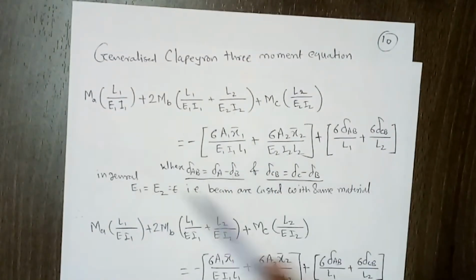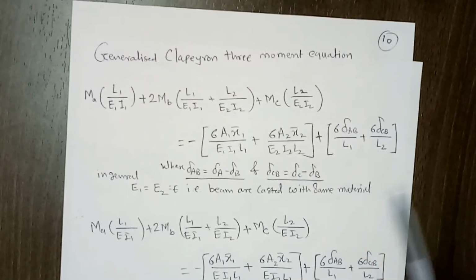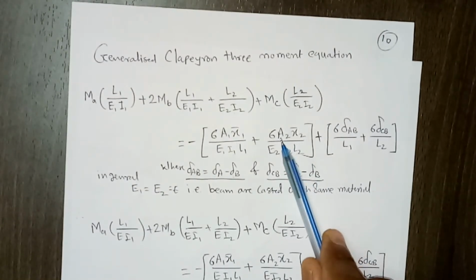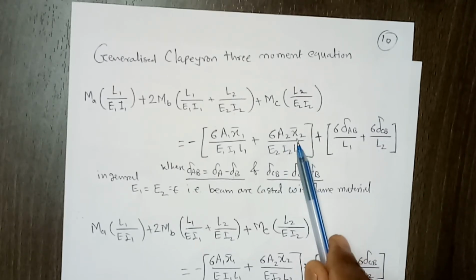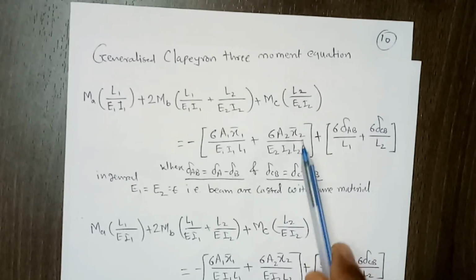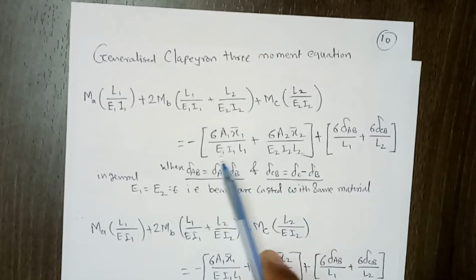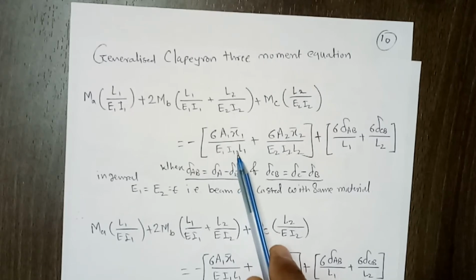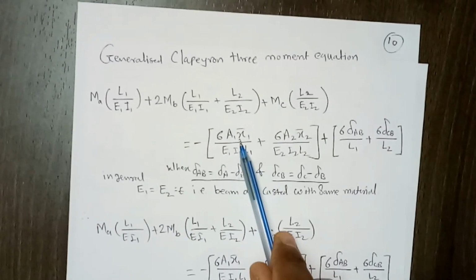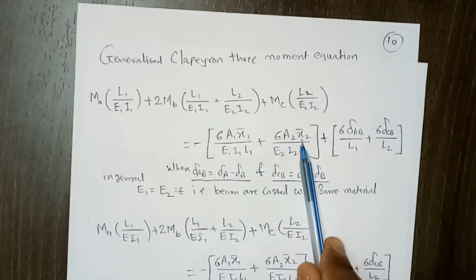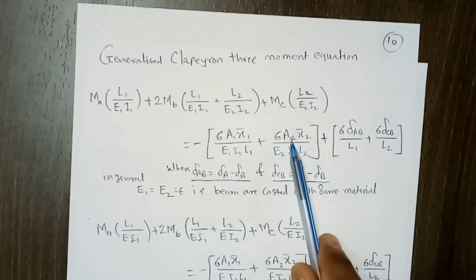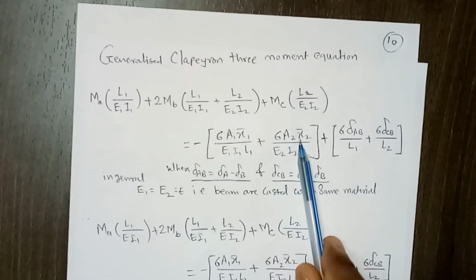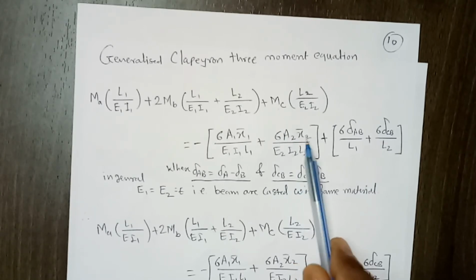Right. Other terms have the same meaning as we discussed in the previous class. For example, A here represents the area of the free or released bending moment diagram, and X represents the centroidal distance. If it is a left bending moment diagram, then we calculate the centroidal distance from the left end, and if the bending moment area is a right bending moment diagram, then we calculate the centroidal distance from the right support.